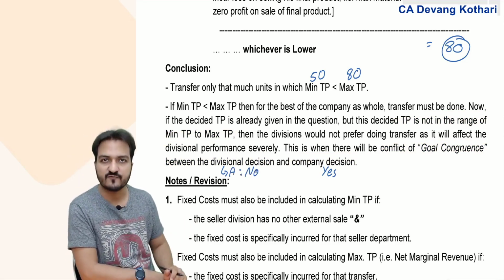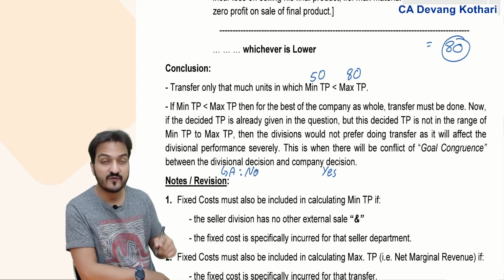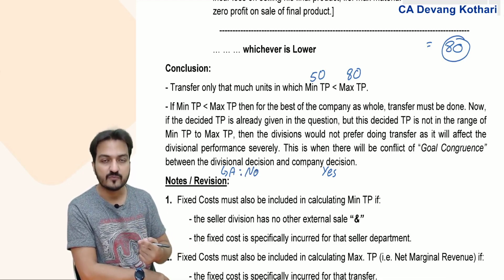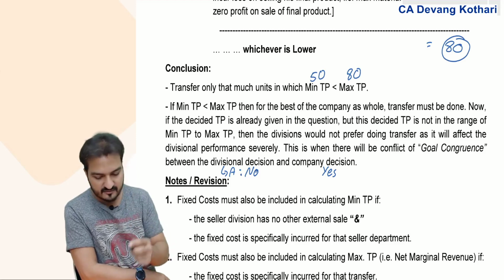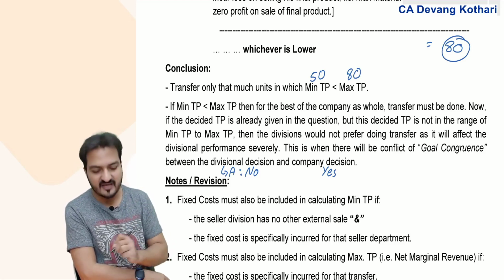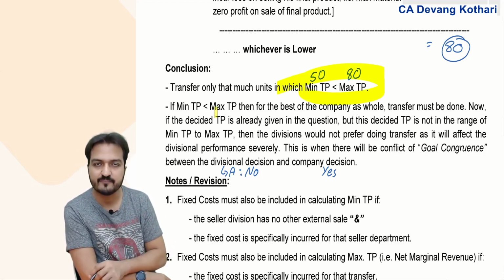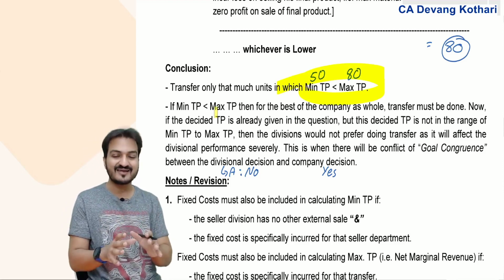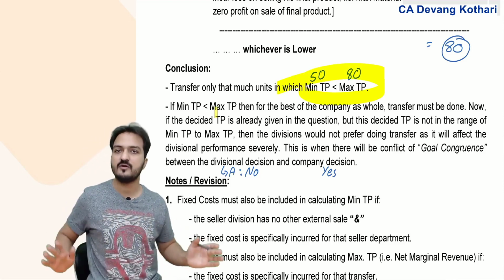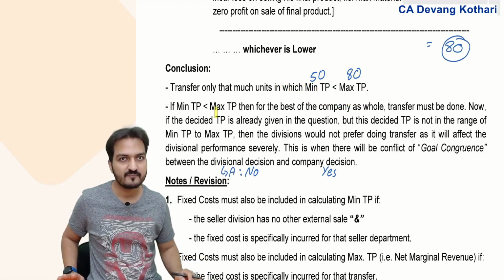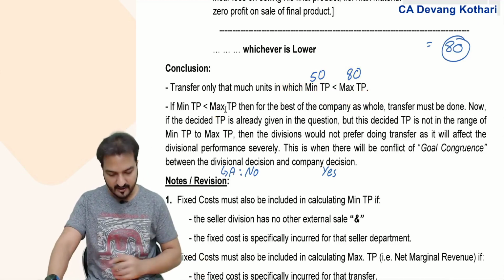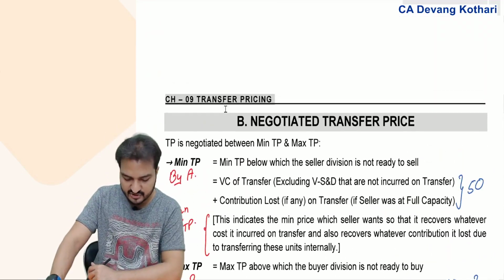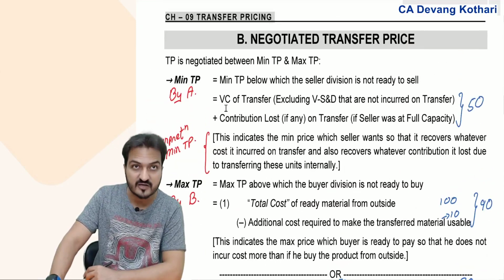This is called conflict. To resolve such conflict, you have to recommend in your answer that the transfer price should be decided between a minimum to maximum so that it will be acceptable to both the divisions. Done? Okay. This was the basic calculations under negotiated transfer price.